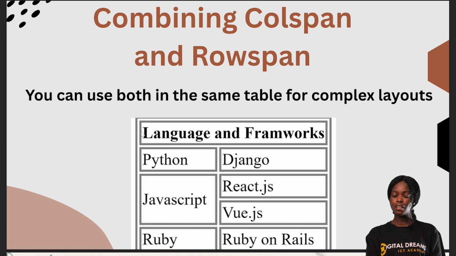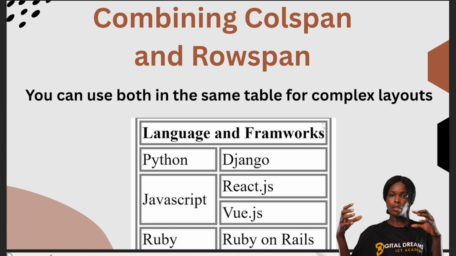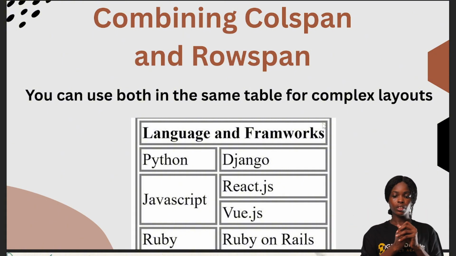It's supposed to be two columns right now, one here and one here, but you can make one column stretch to the second one depending on what you want. If you want just one text on top and then other things, or you want one data to occupy more space, you can use the colspan attribute.